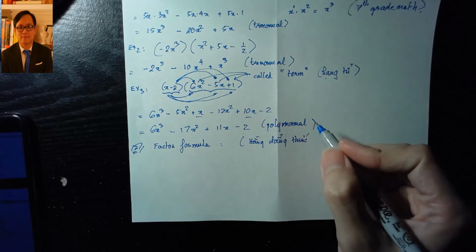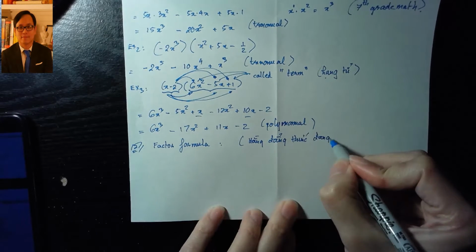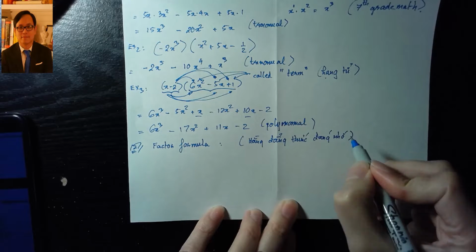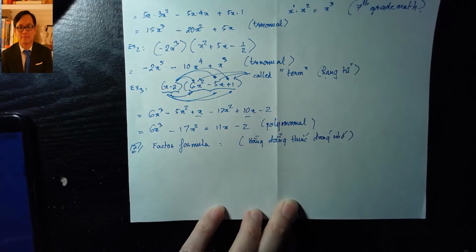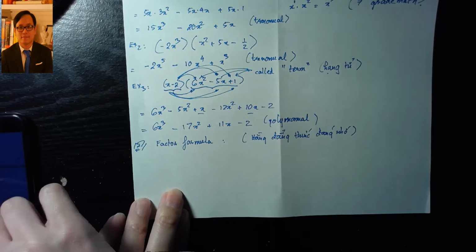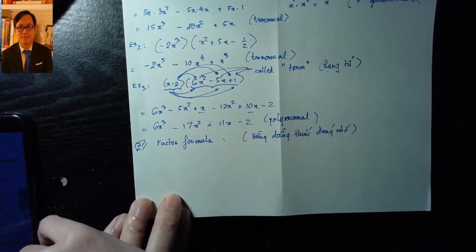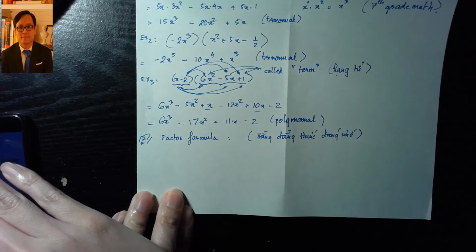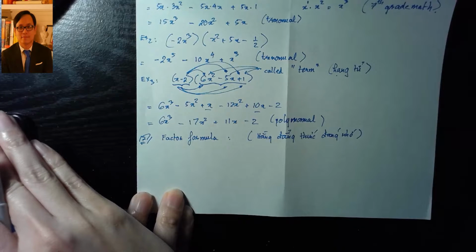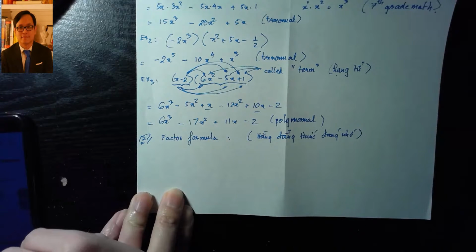Hằng đẳng thức đáng nhớ. So I'm going to just go ahead and list all the factor formulas for you, and we're going to use these formulas to expand or to factor polynomials.